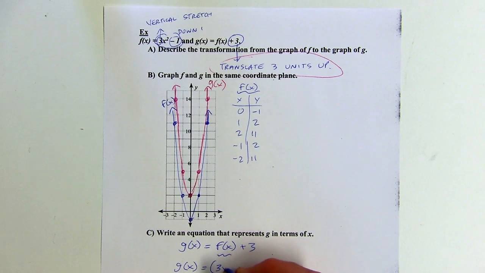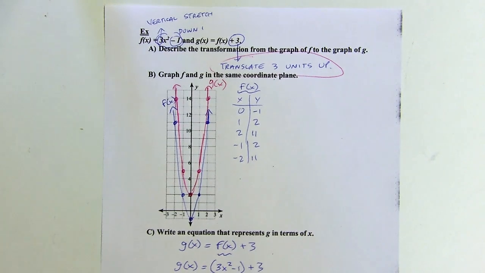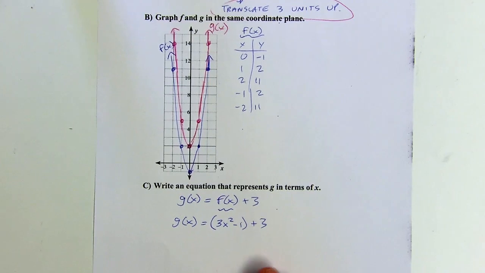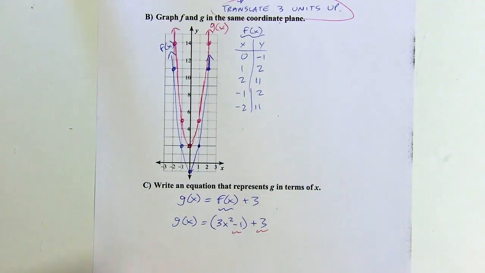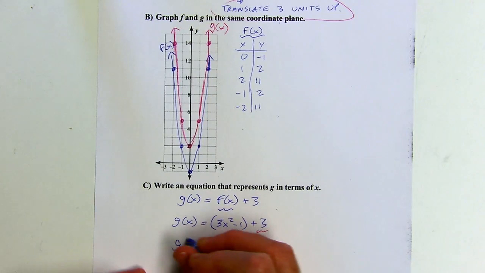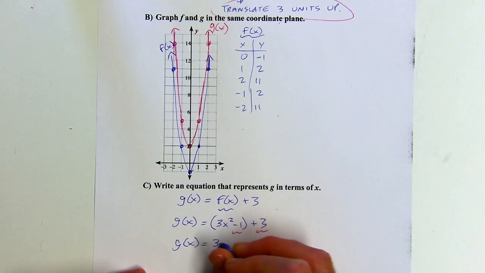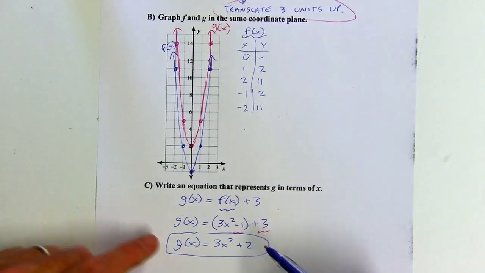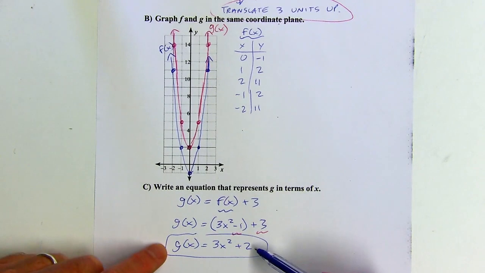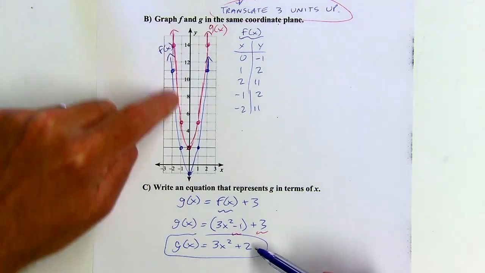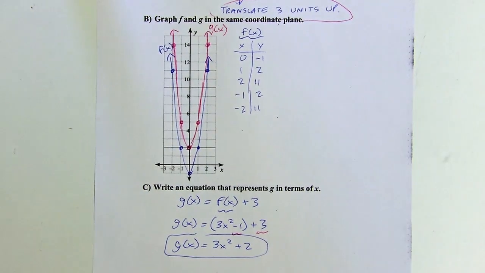Then I'm going to simplify this. This would look the same without parentheses. So then I need to combine these like terms. And I'm going to get 3x squared plus 2. Now if you wanted to, you can make an xy table using this, and that would give you the points on the red parabola.